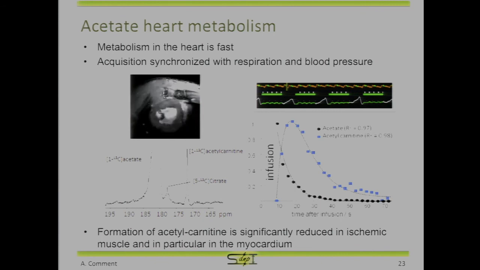Maybe it sounds pretty trivial, but you have to synchronize with respiration and blood pressure to get really narrow lines. What is really important here is that those rates of transformation are extremely sensitive to the disease state. For example, if you have an ischemic heart, meaning it lacks oxygen, you will see no acetylcarnitine whatsoever.